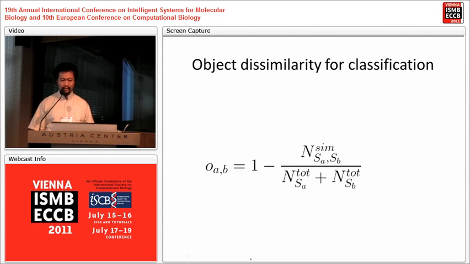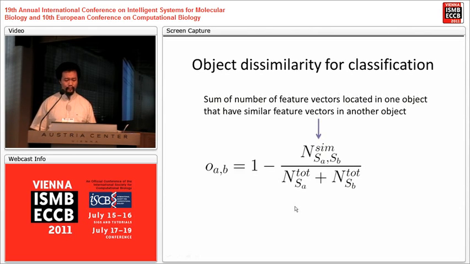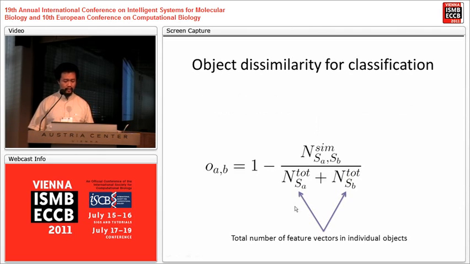After that, we can combine this feature vector similarity to obtain a segmented object similarity between two objects, using the following simple equation where the numerator is the sum of the number of feature vectors located in one object that have similar feature vectors in another object, and the denominator is the total number of feature vectors in individual objects.